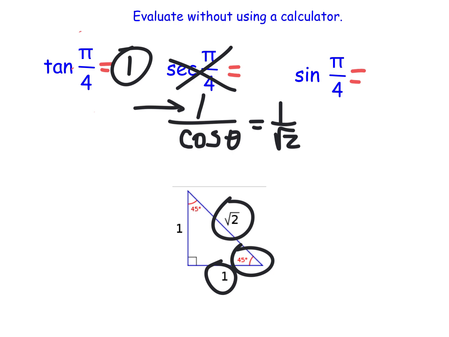Because I got to flip it. So what's the final answer? Root 2. You got to do 1 over this. And if you hadn't learned this yet, 1 over something makes it flip. So now the answer is that. You could say over 1, but then that's not simplified all the way. So final answer, root 2.